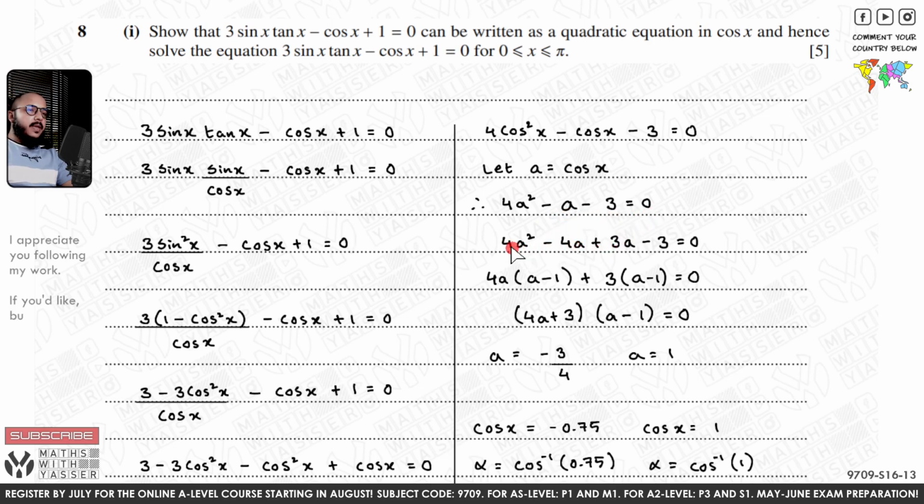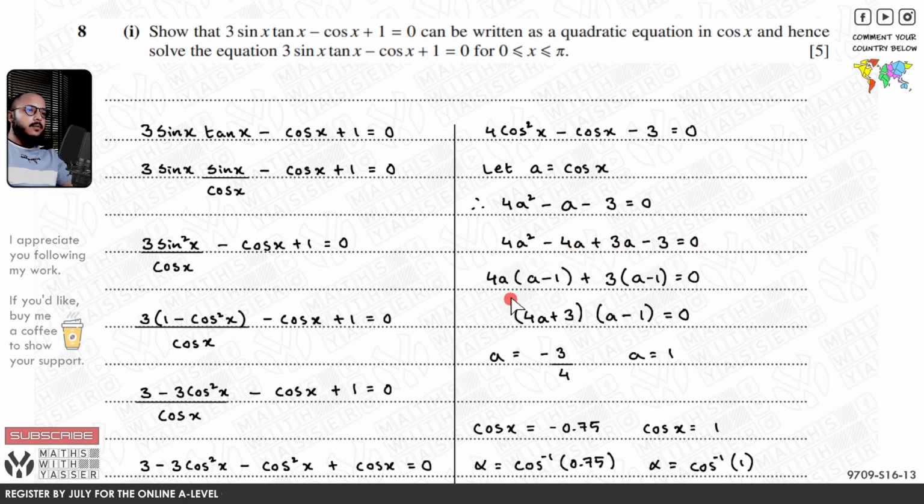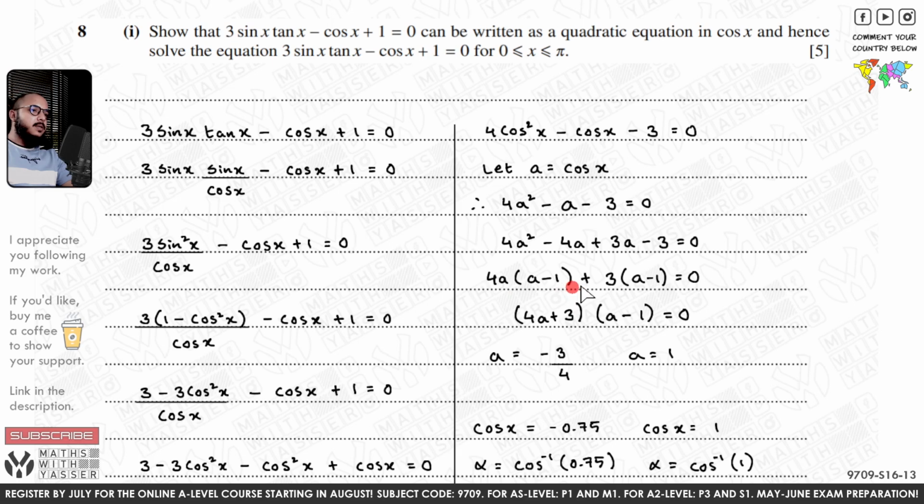Doing middle term break, we get 4a square minus 4a plus 3a minus 3 equals 0. Therefore, now we can take 4a common, and we get 4a within brackets a minus 1 plus 3 again a minus 1 equals 0. So the factors are 4a plus 3 and a minus 1 equals 0. Therefore, a must be negative 3 over 4 and a must be 1.